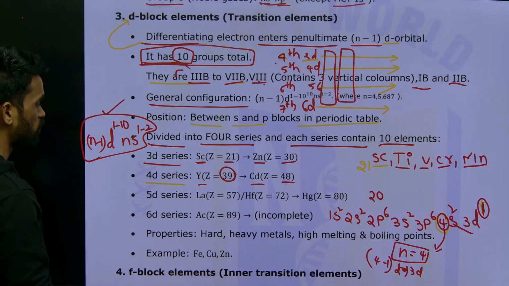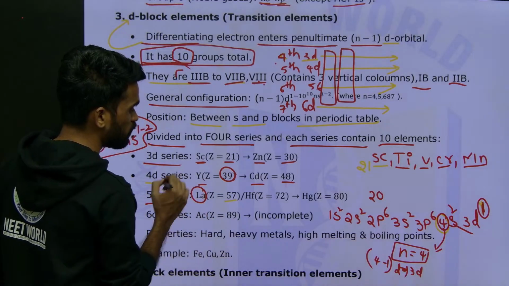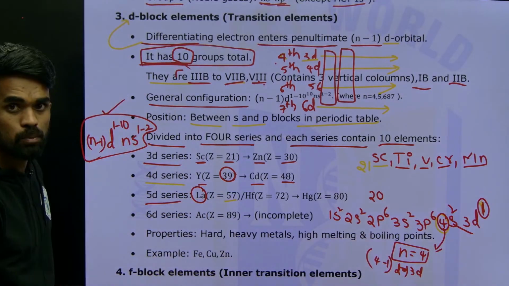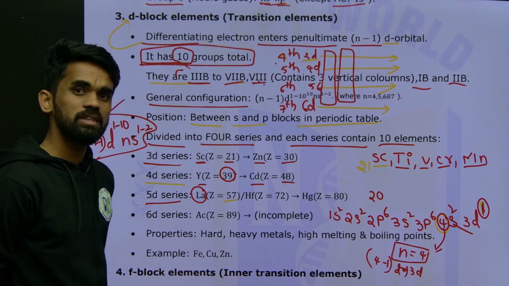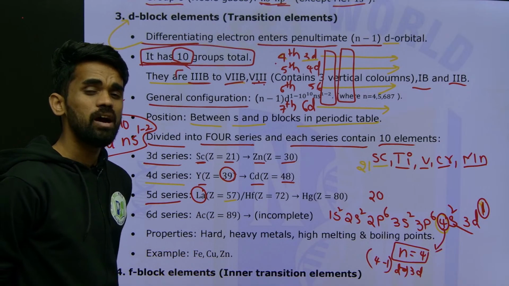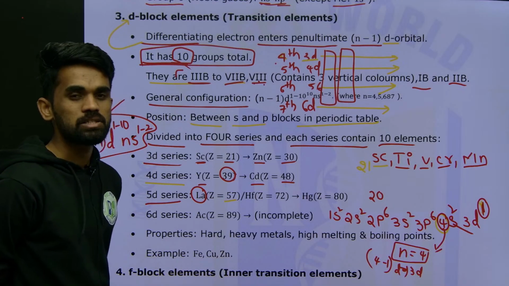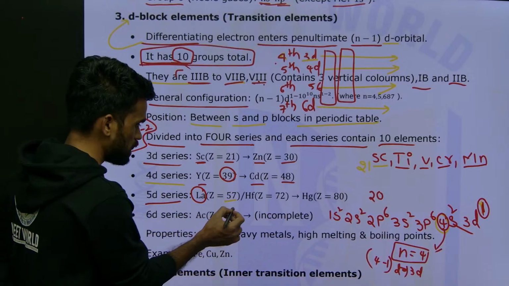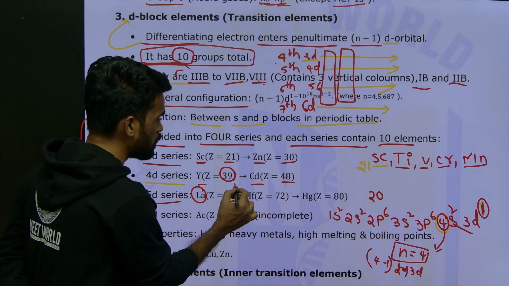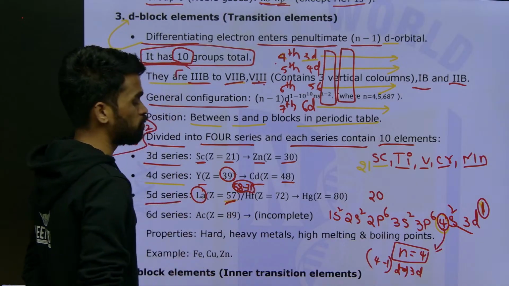After this, the 5D series contains lanthanum, which is atomic number 57. Lanthanum belongs to d block elements only, but in that series we have f block elements also included. After lanthanum 57, the 58th element to the 71st element belong to f block elements.